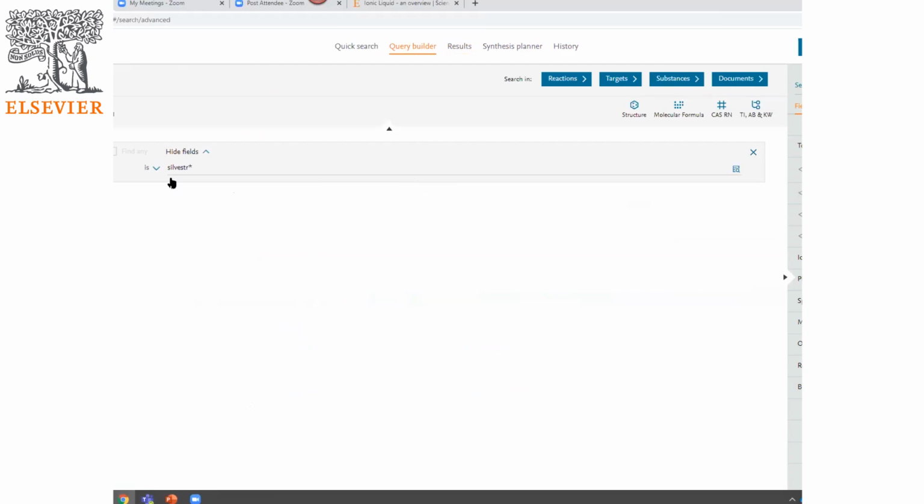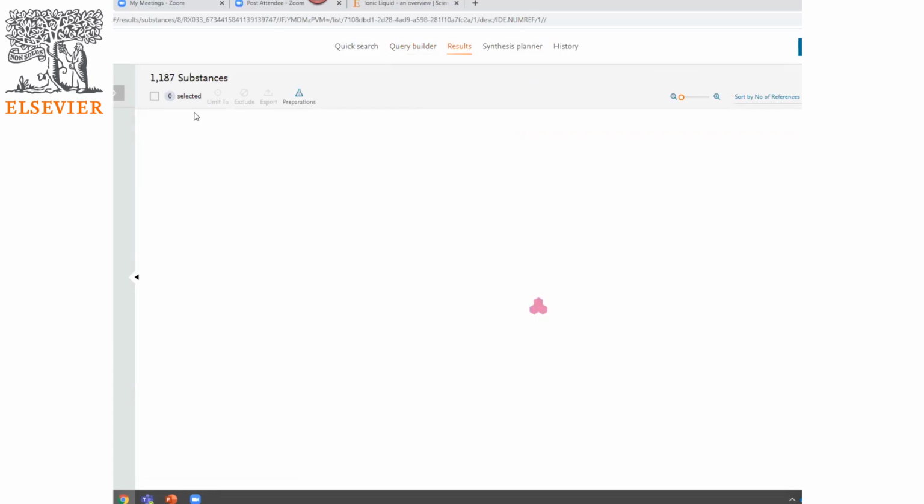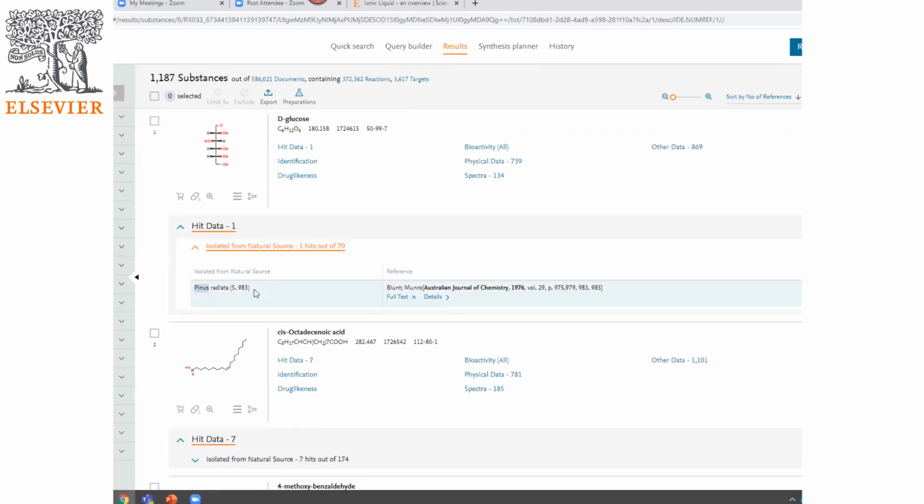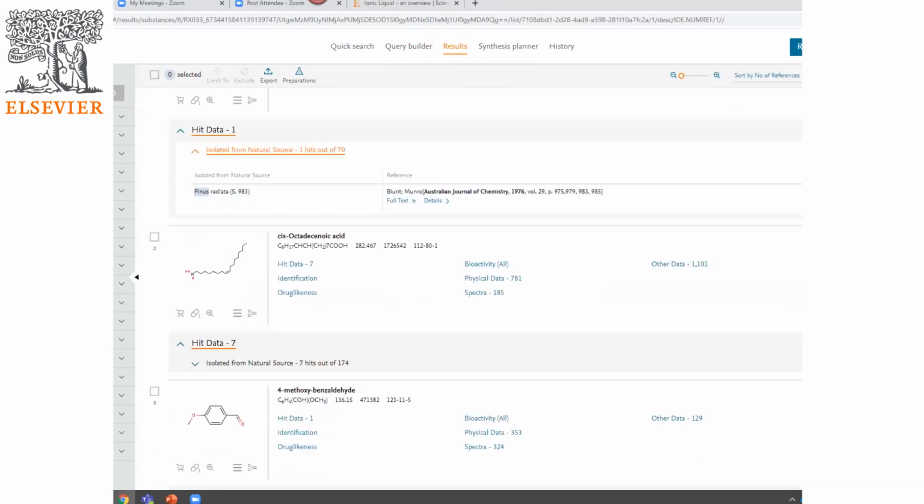One of the types of pines has the name Pinus sylvestris, and we can try to search compounds which were found in Pinus. There are more than 1,000 different compounds which were found in different Pinus.